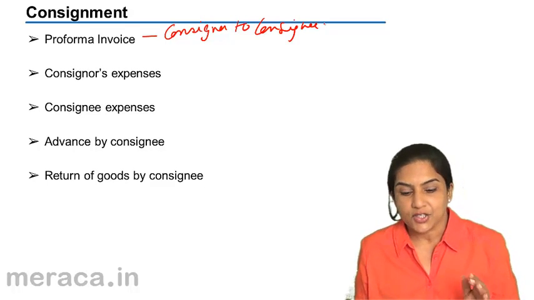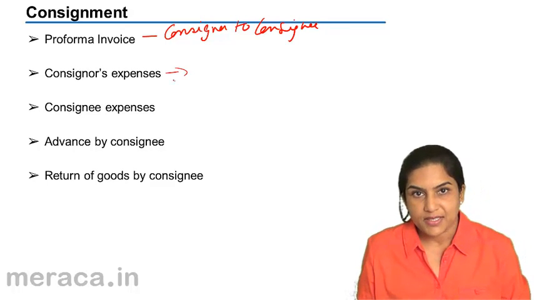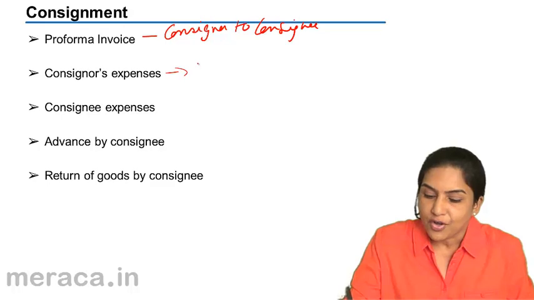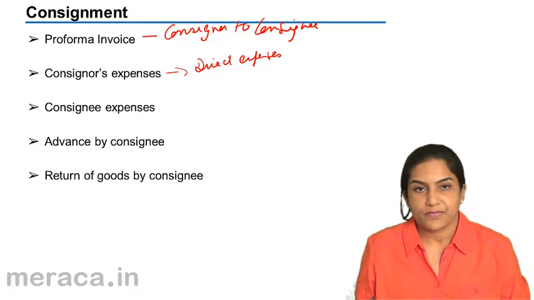While sending these goods, the consignor may incur some expenses. These expenses are normally called direct expenses of the consignor.